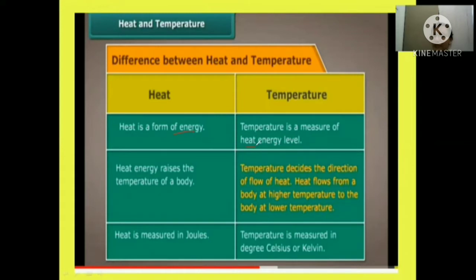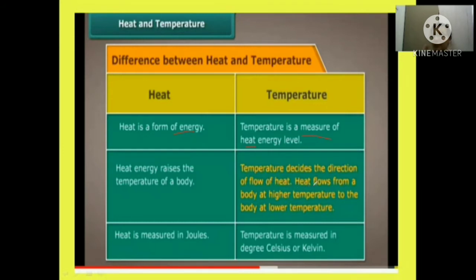How do we measure the heat? We measure the heat by the temperature. Next, heat energy raises the temperature of the body. Heat energy क्या करती है? It increases the temperature. While the temperature decides the direction of the flow of heat.